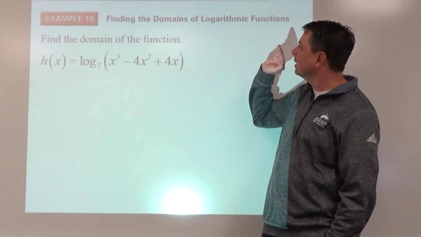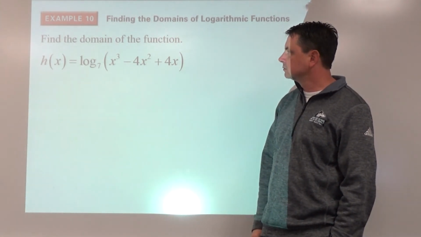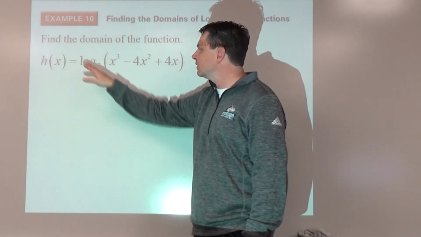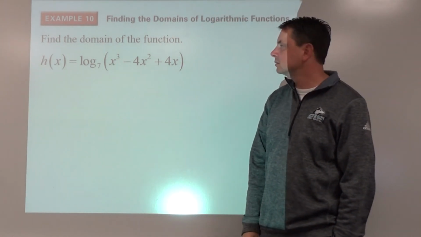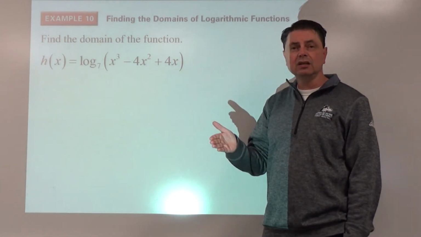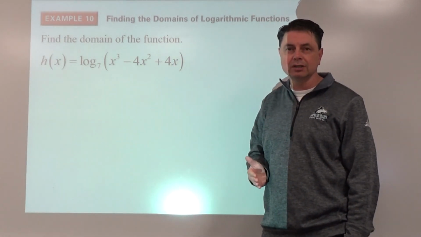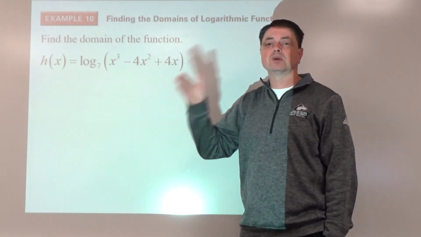Example number 10, find the domain of the function. So we've got h of x equals log base 7 of our expression here. Well, again, the argument, and here's our argument, for a log function has to be positive. We had said before that the x would have to be greater than 0.